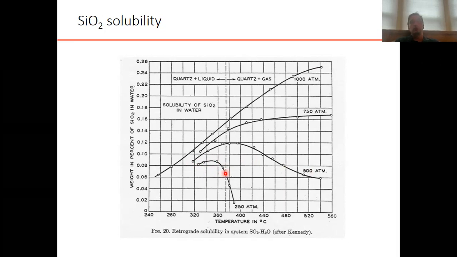So this is the reason why we choose high fill rates for the hydrothermal growth of quartz, even though this comes at the inconvenience of working with significantly higher pressures.